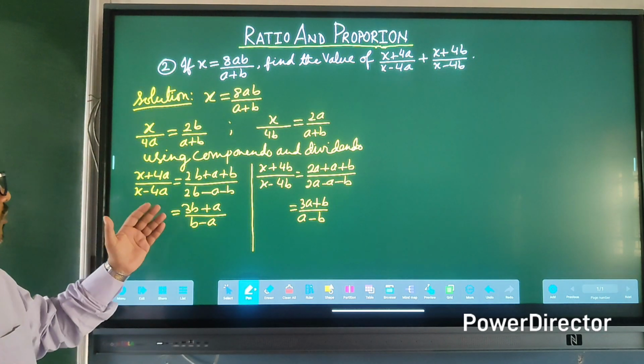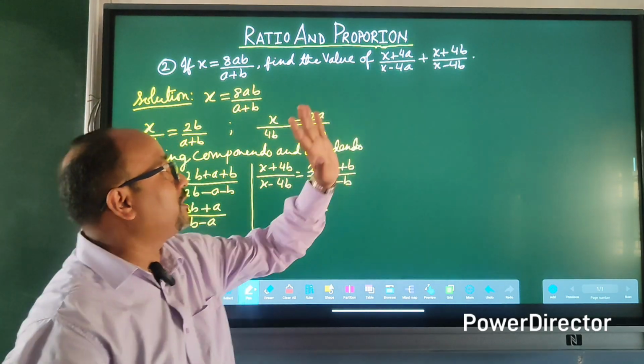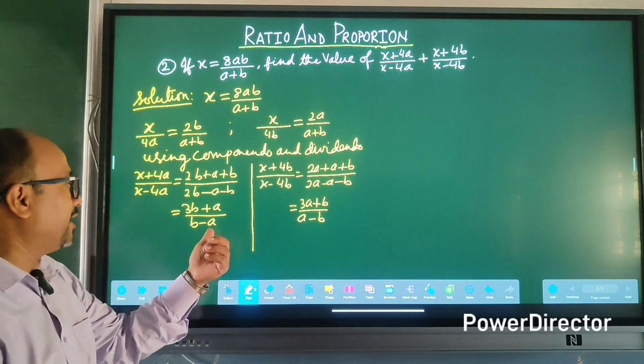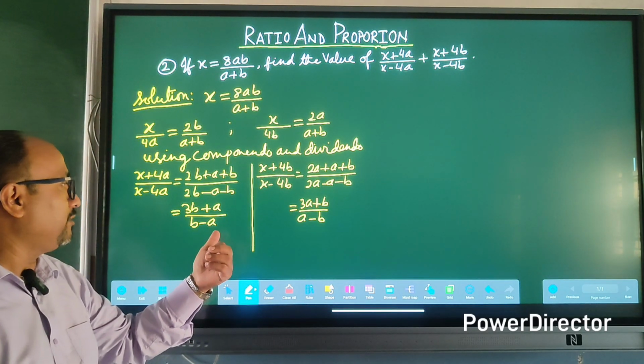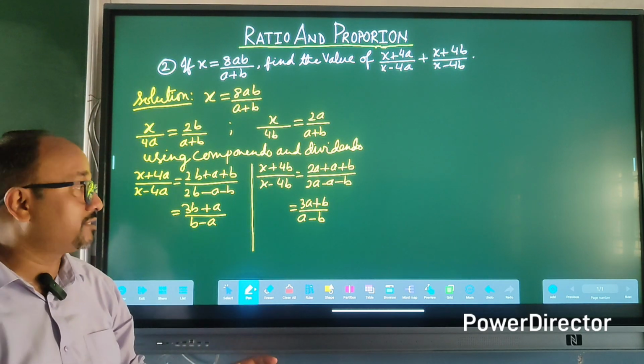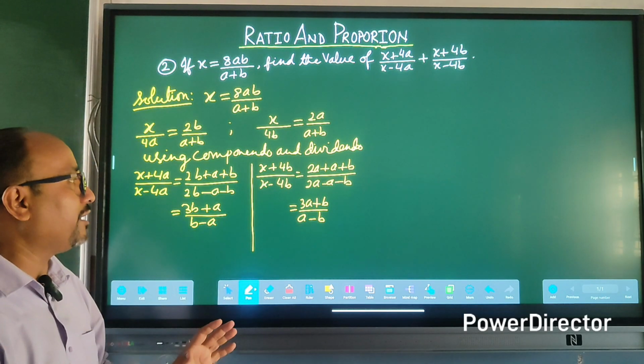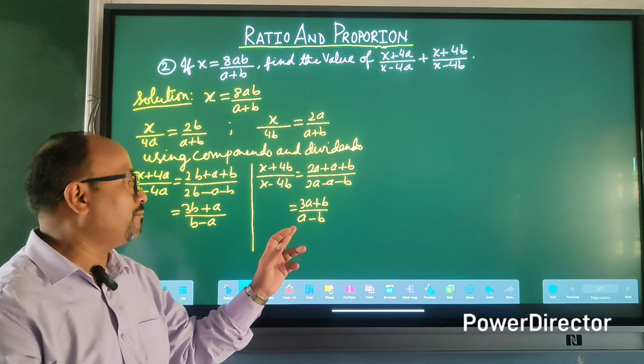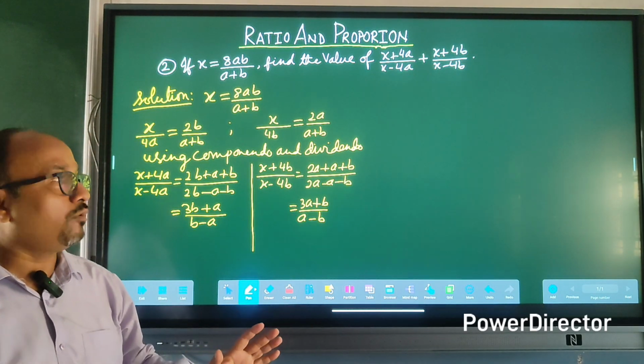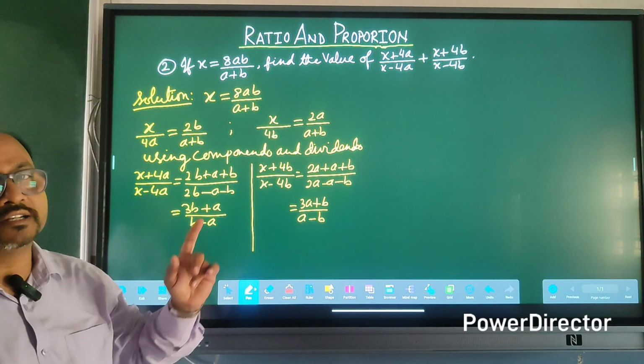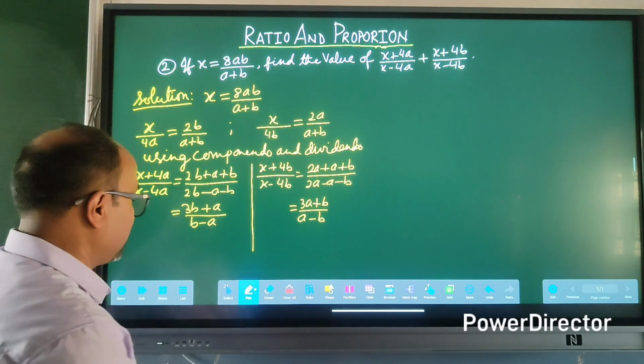So now I have got the values of this one, x plus 4a by x minus 4a as 3b plus a by b minus a, and for this part I have got it as 3a plus b by a minus b. Now I will take that part and substitute it and get the result.